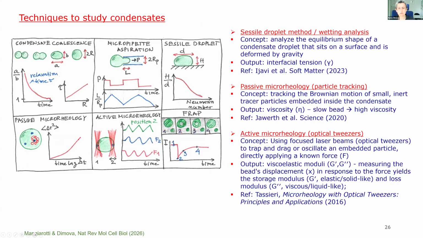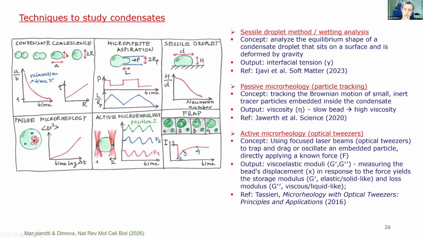And here, just to give you an idea, one could use the sessile drop method, where you have a condensate sitting on a substrate, and you can visualize the shape of the condensate, which is deformed by gravity. And you can do that either by looking from the side view or doing confocal vertical cross-section.